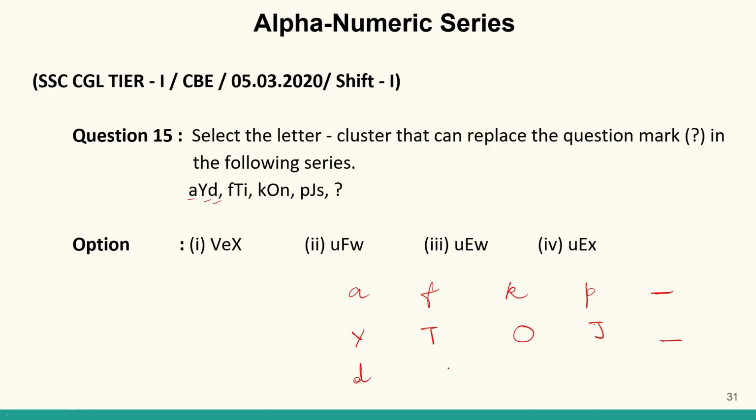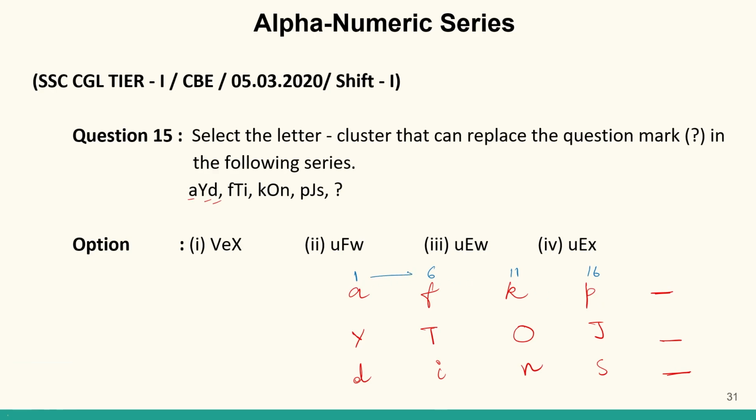And here we have D, I, N, S, and then we have to find out. Okay, so A is positioned at 1, F is positioned at 6, K is positioned at 11, and P is positioned at 16. It does not matter whether it is in small case or in caps. The logic will be the same.